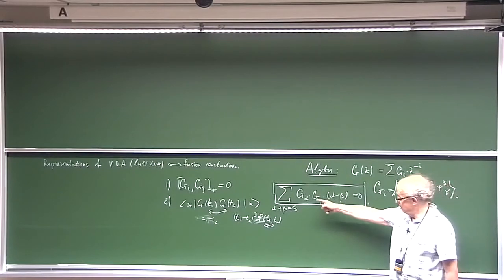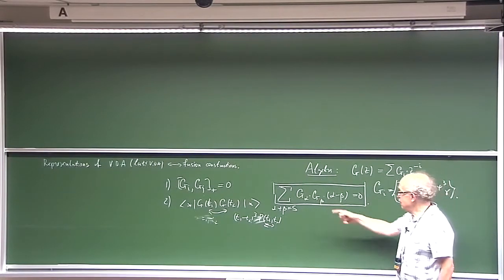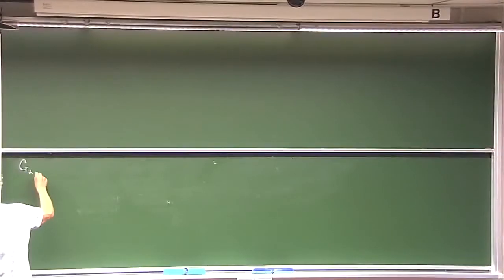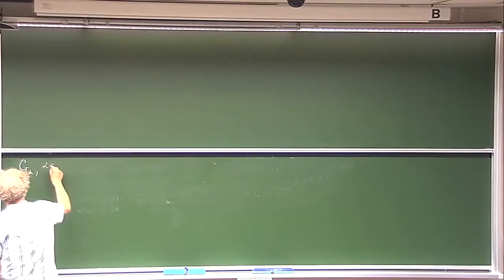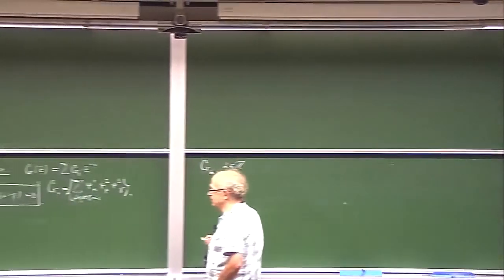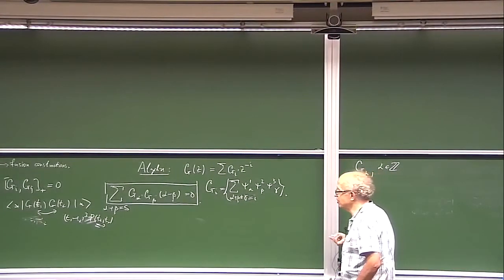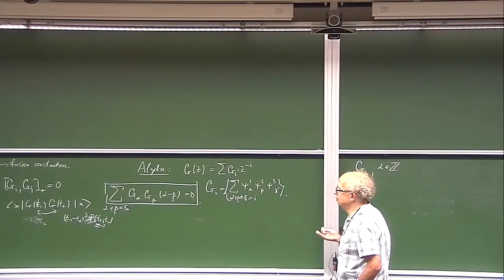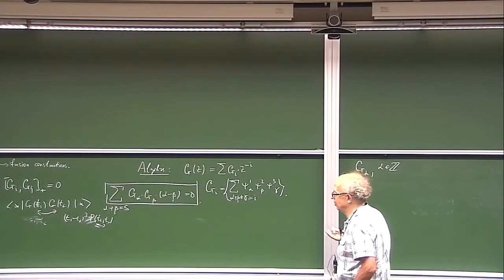It means that I take just the algebra generated by G_alpha, where alpha belongs to Z. And I want to consider a representation of just this algebra, but impose some condition on the highest weight vector.